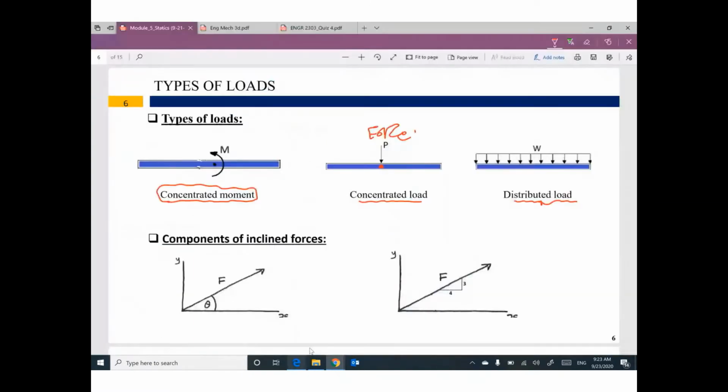This distributed load is a uniform distribution over the beam length with a value W, and this W can be kilonewton per meter or newton per meter or pound per foot or kip per foot, whatever. But what I mean is force per length. The unit for this W will be force unit per length unit.